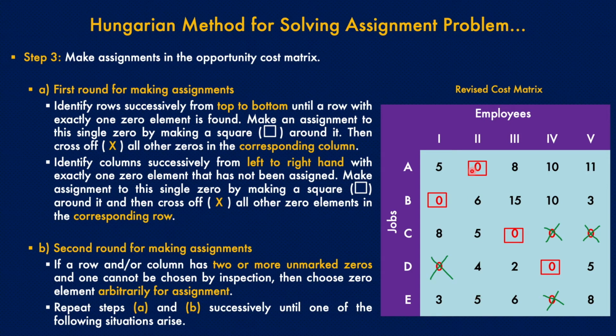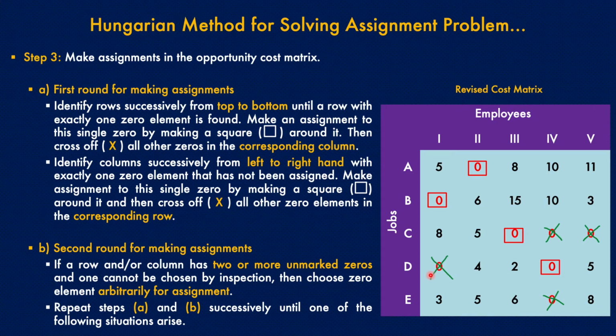Go to the second row, identify the single zero. Only we can assign a row with a single zero. So here also one zero, you can see, assign here. Immediately after assigning that, you check in this particular column, is there any other zero? Yes, we have a zero element here. So you just cross off that particular zero.